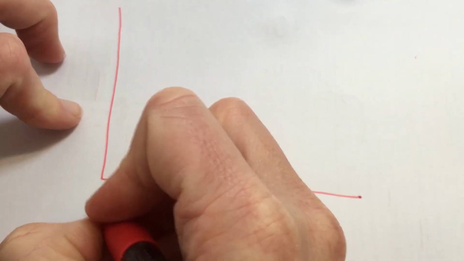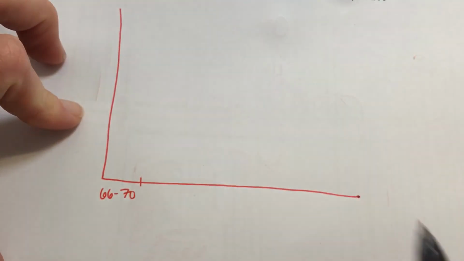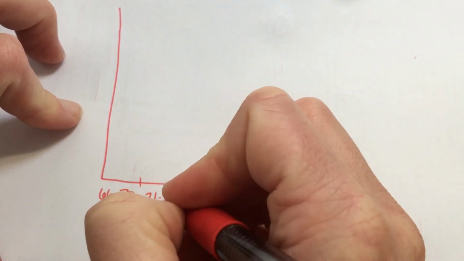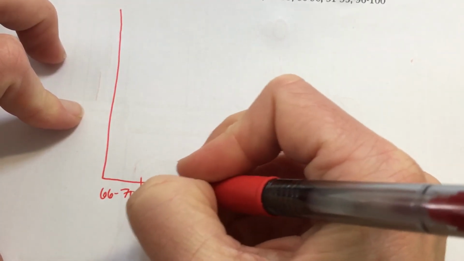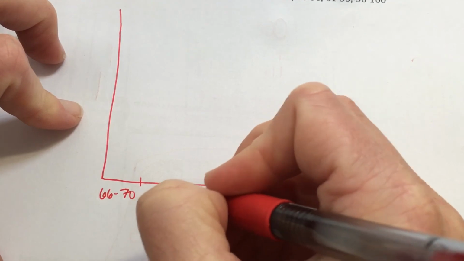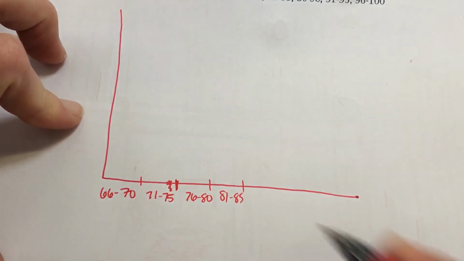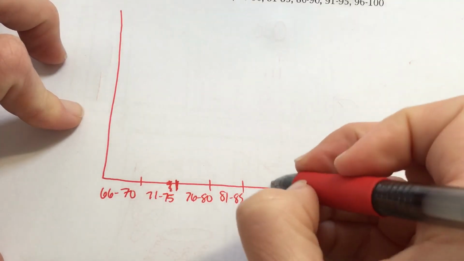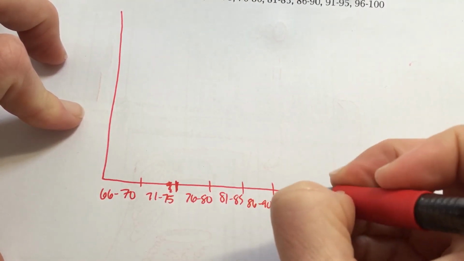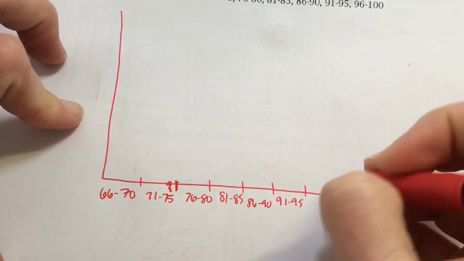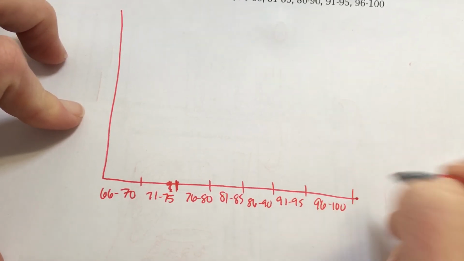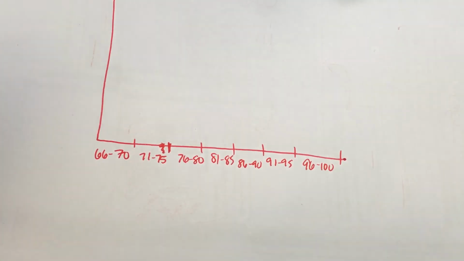So I'm already telling you: 66 to 70, 71 to 75, 76 to 80, 81 to 85, 86 to 90, 91 to 95, and 96 to 100. So you're just writing those down at the bottom.